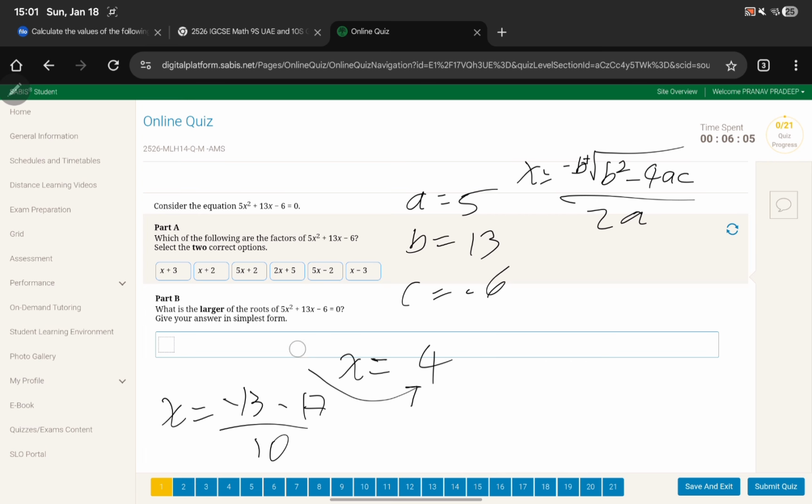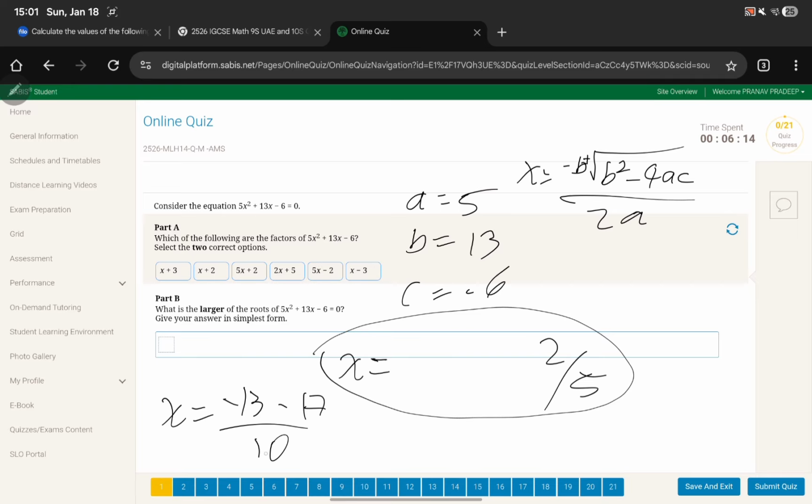Bring 10 to the side and that gives you 4 over 10, and if you simplify, you'll get 2 over 5. So now we got one x value. Now if you do it here, 10x equals negative 13 minus 17, that'll give you negative 30 divided by 10, which gives you negative 3. This is the other value.